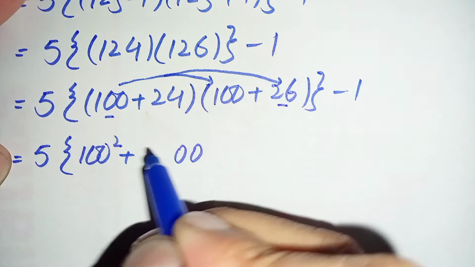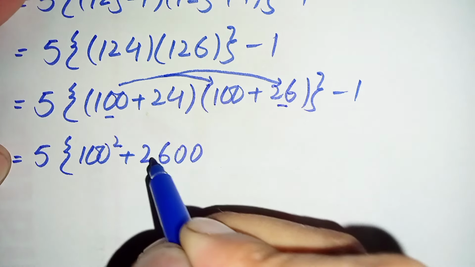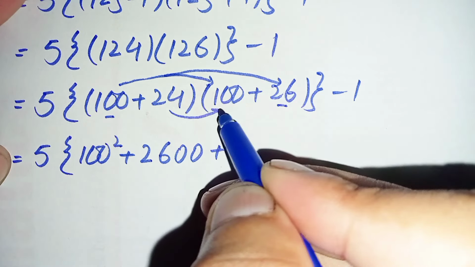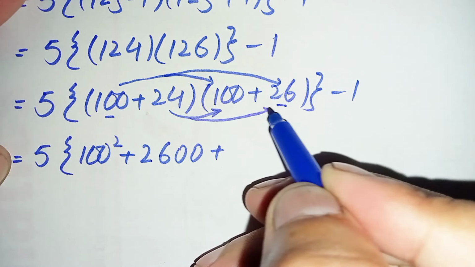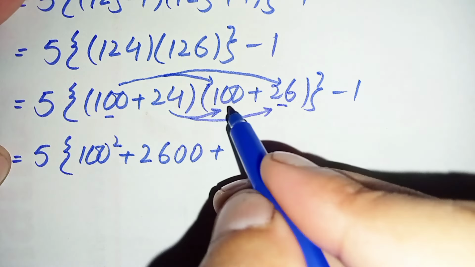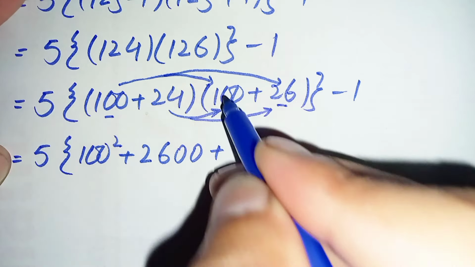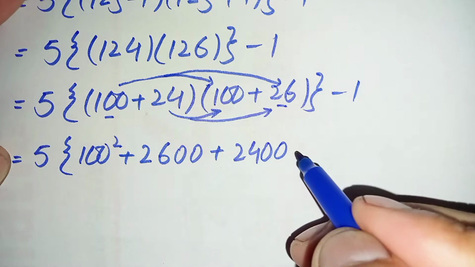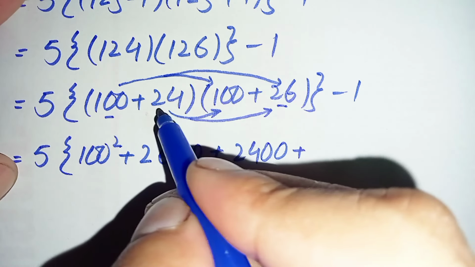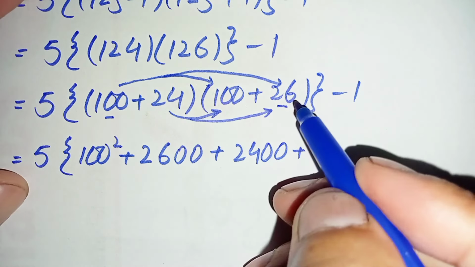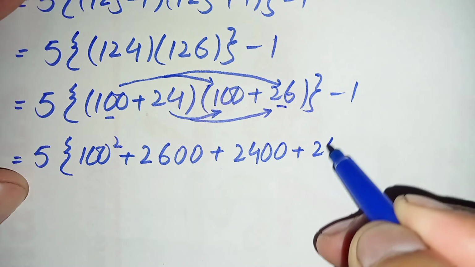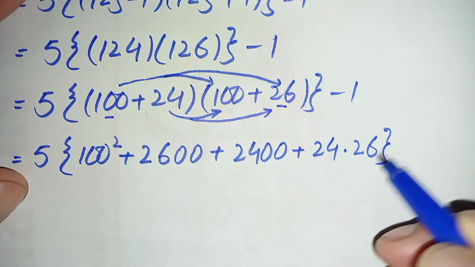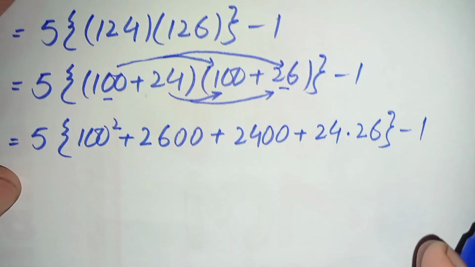plus 100 times 26, which is 2600, plus. Now we will multiply 24 with these two numbers, first with 100 and then with 26. So 24 times 100 is 2400, plus 24 times 26, braces close, minus 1.